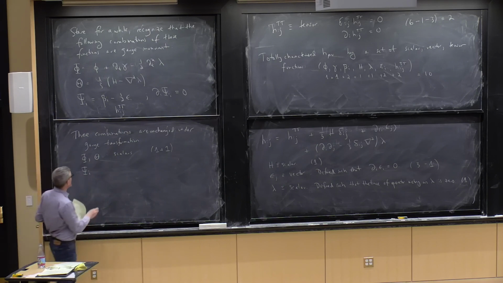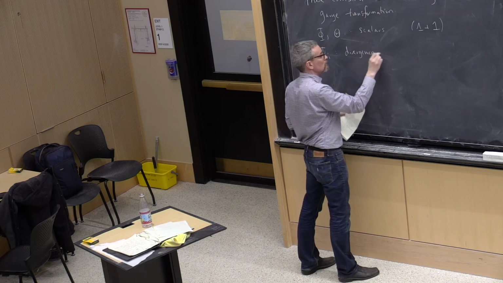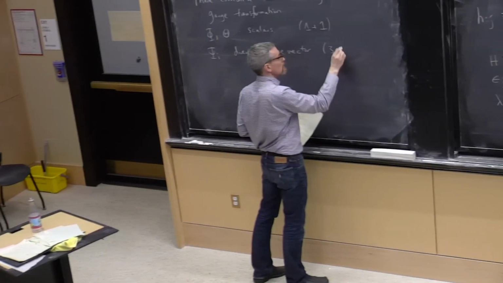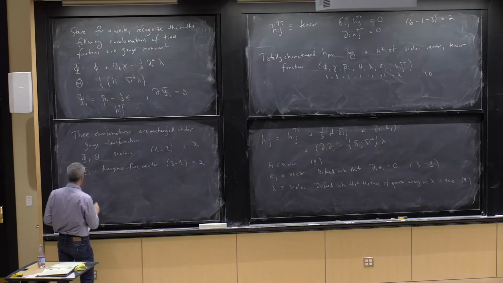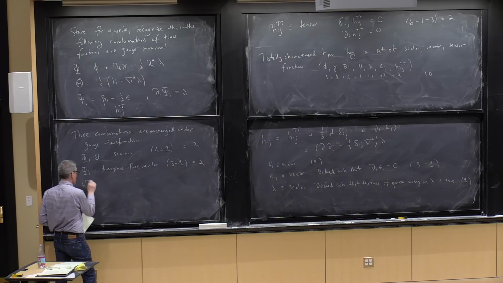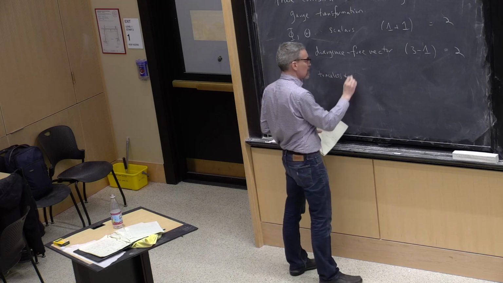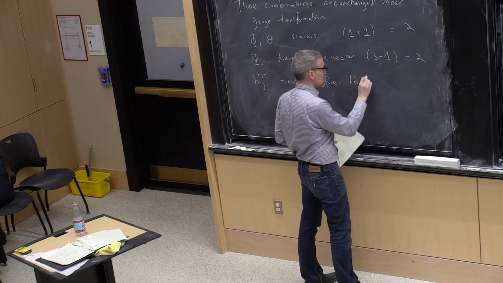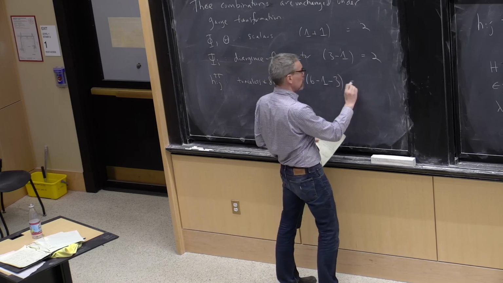This is a divergence-free vector, so it has 3 minus 1 degrees of freedom associated with it. And Hij, this is traceless and divergence free. And as I already counted up, this guy has 6 minus 1 minus 3 degrees of freedom in it, also 2.